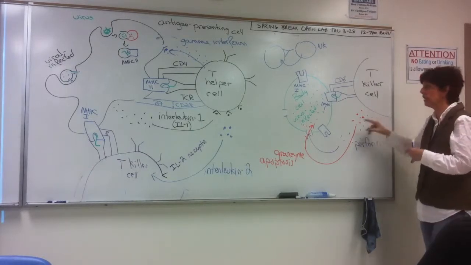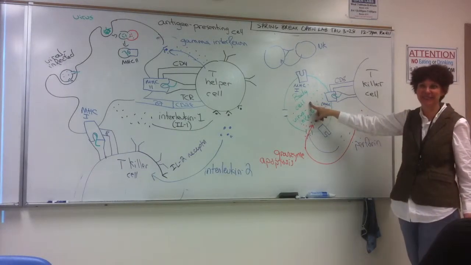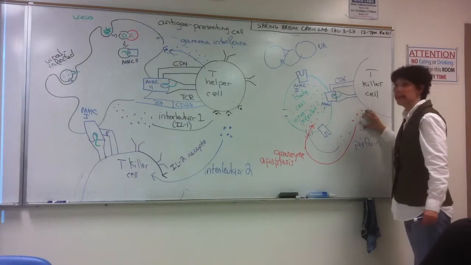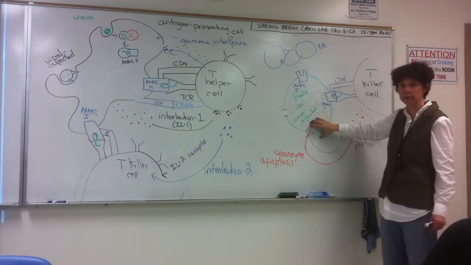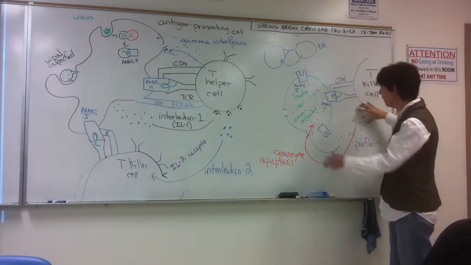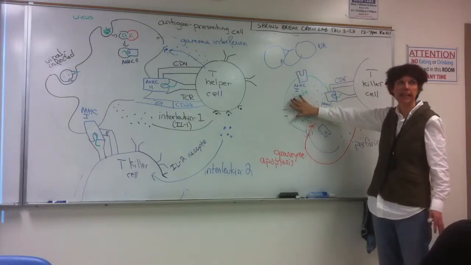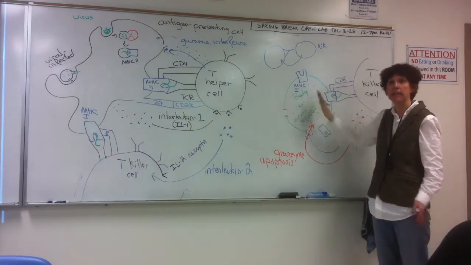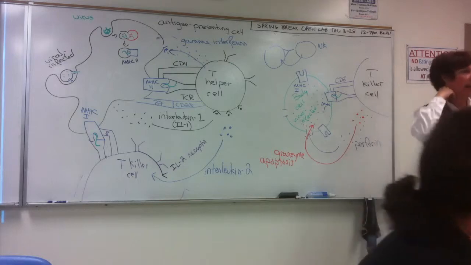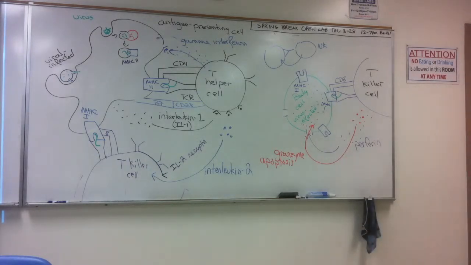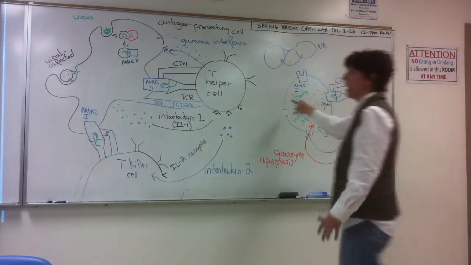They're not called interleukins because this is not a white blood cell. So it makes the perforin, which perforates holes, allowing both water and the granzymes to go in and kill this cell.